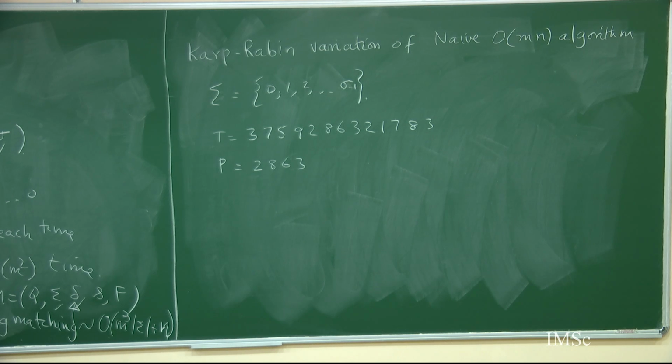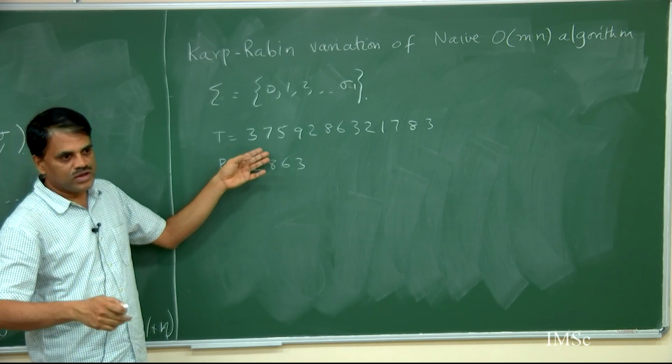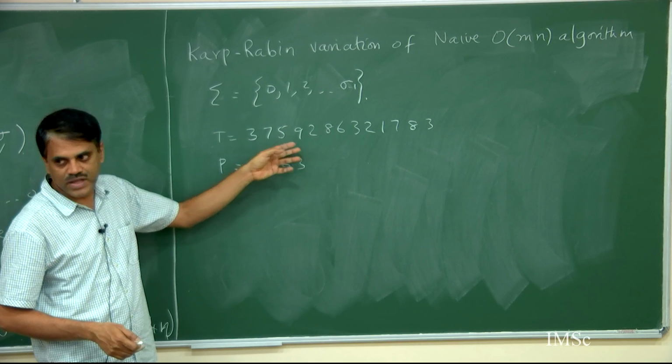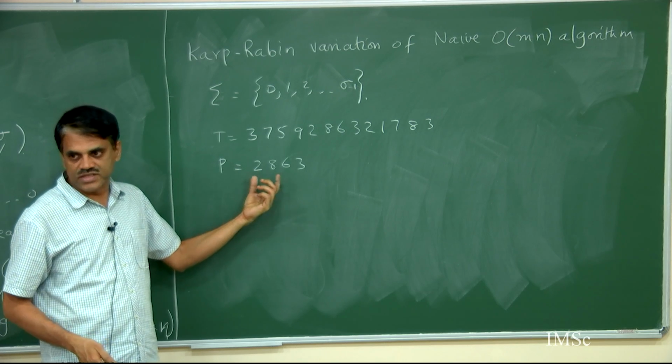Now, you can think of these as characters, that is the way you usually do in the string matching algorithm, but you can also think of your text as a big number in decimal, right. So, it is 3 into 10 power n minus 1 plus 7 into 10 power n plus blah blah blah. It is a huge number, and similarly this is 2863.